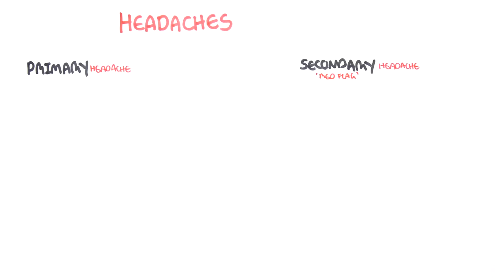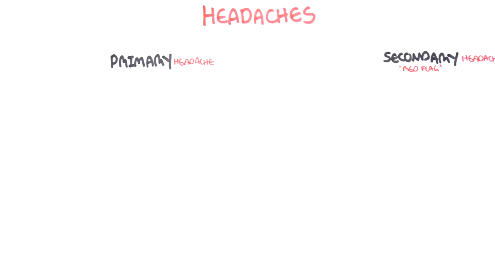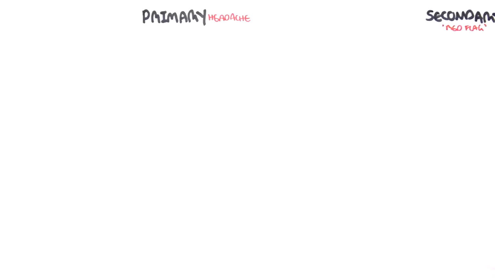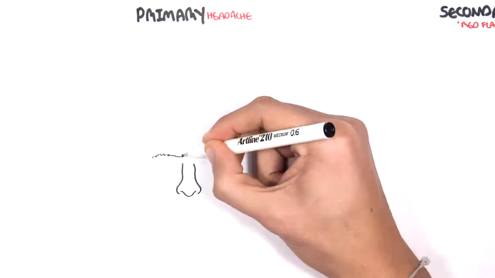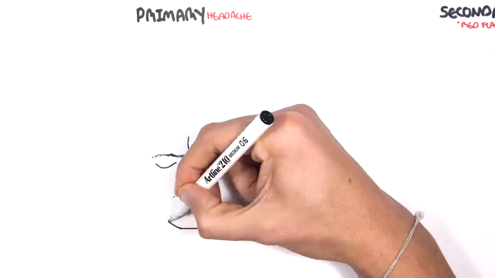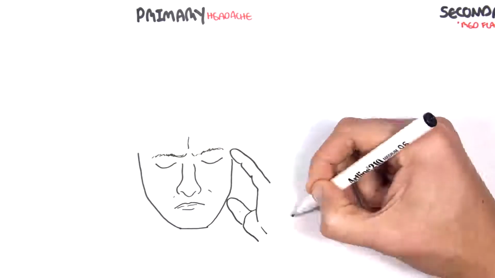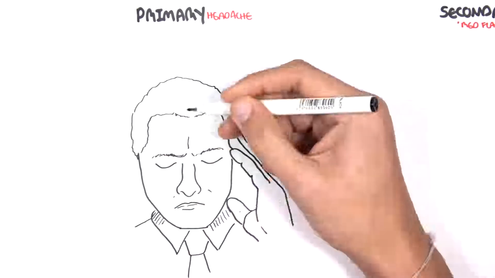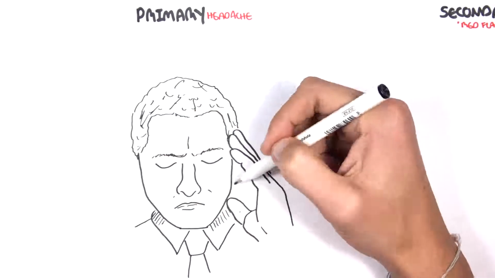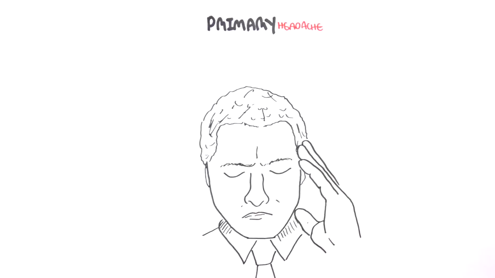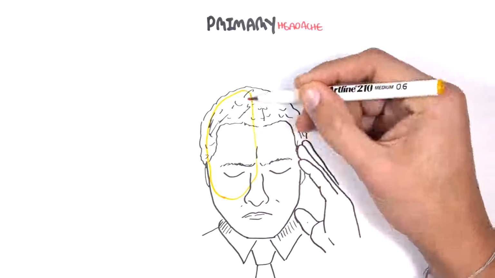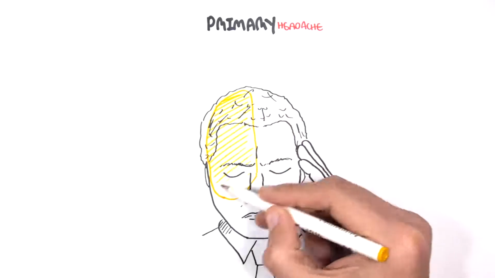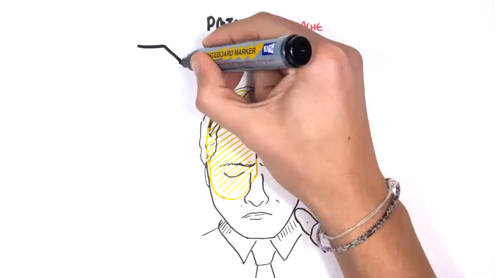look at primary headaches. Primary headaches are the most common types of headaches that are encountered by the general population. Here I'm drawing this person with a headache. There are many types of primary headaches. A very common type is one that affects one side of the face, so unilateral and sort of upper half, and this is known as the migraine headache.